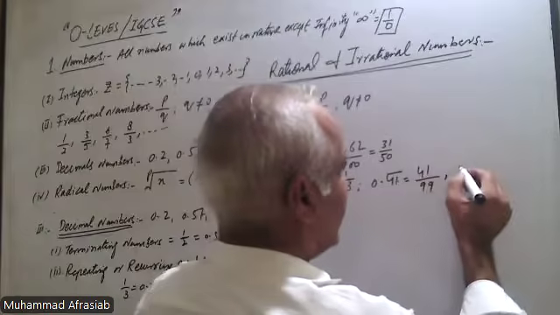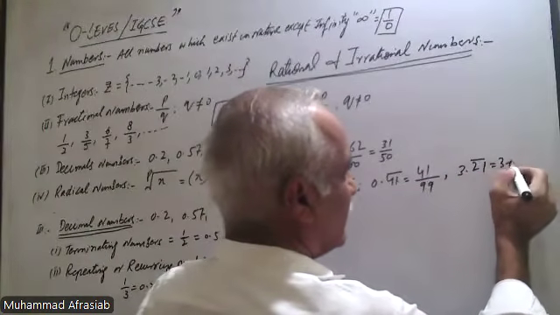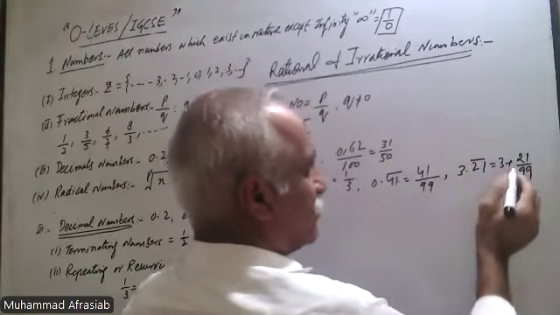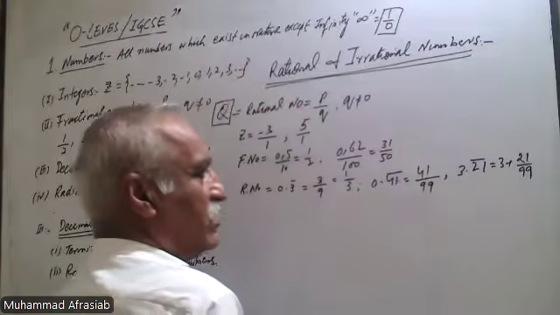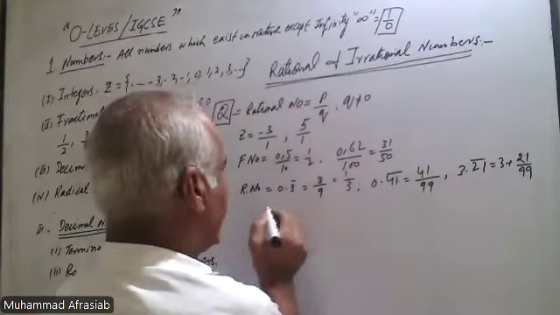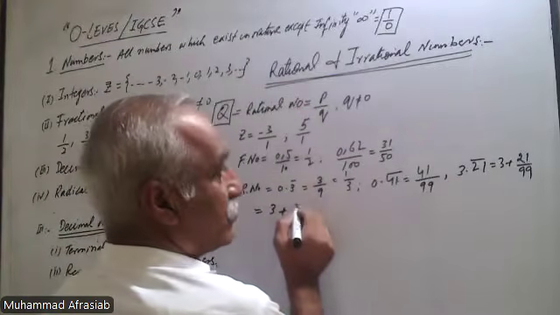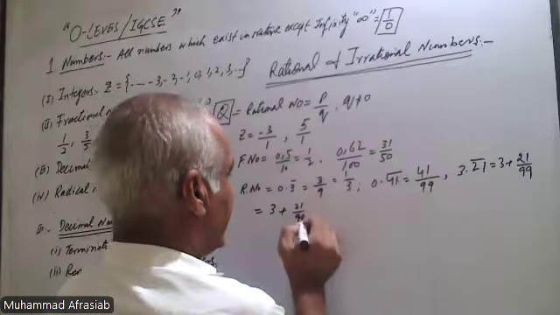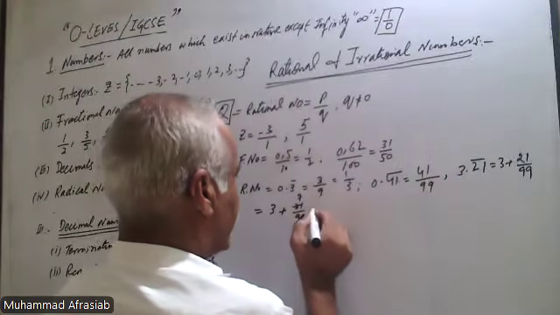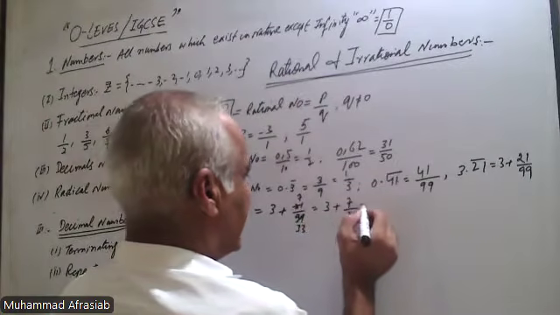Suppose there is 3.21 bar. This is equal to 3 plus 21 over 99. It can be simplified: basically it is equal to 3 plus 7 over 33.